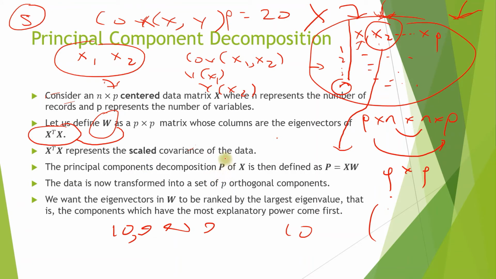The principal component decomposition, we call it P, of your matrix X is basically X times W. So you just need to take X times your eigenvectors and you obtain a transformed data. You remember earlier I was saying that you have x1, x2, etc., and in the end you come up with z1, z2, etc.